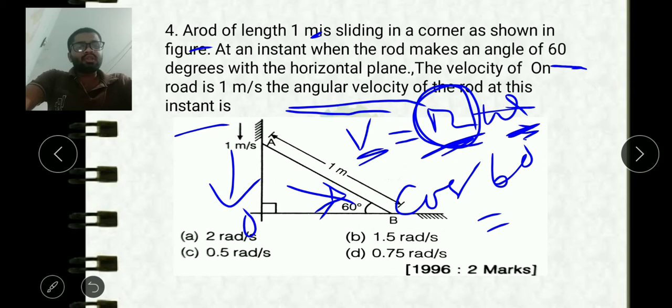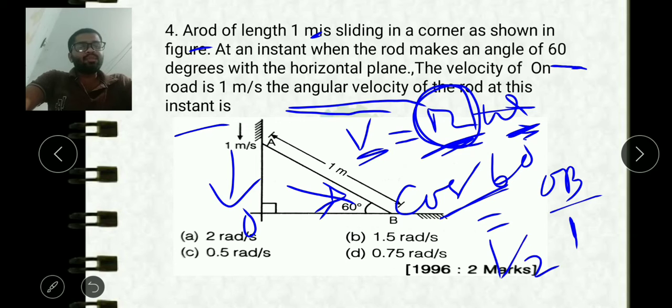Suppose this is O, then we can write OB divided by 1, as this is given as 1. So OB by 1, and from here OB can be found out, that is cos 60, which will be equal to 1 by 2. So OB will be equal to 1 by 2.